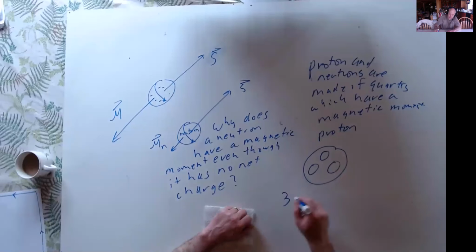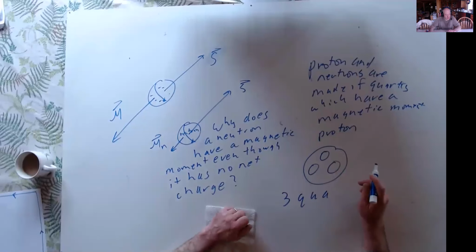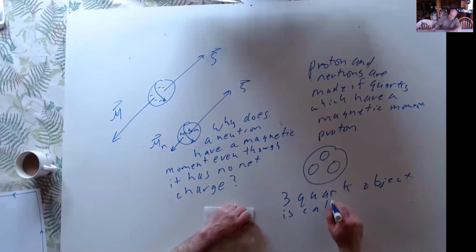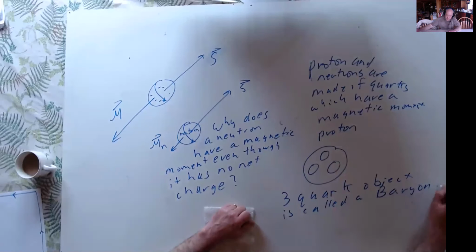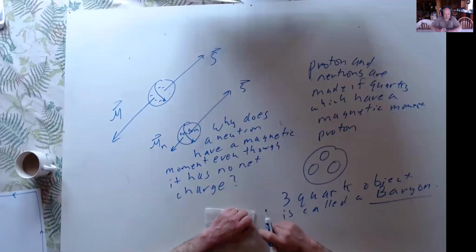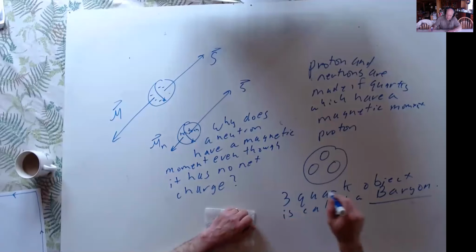A 3-quark object. Just so you know, all the names in particle physics are really, really stupid. A 3-quark object is called a baryon. Be honest, that name isn't entirely bad. It comes from the Greek word for heavy, baros. The word quark is absolutely stupid.